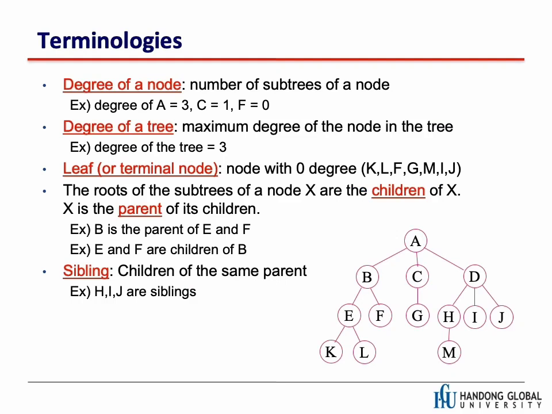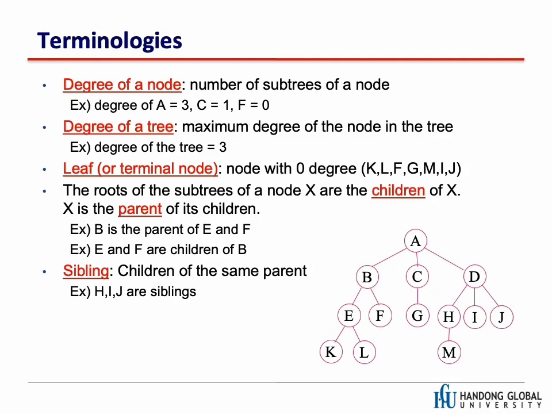As I said, the definitions of the terminologies are really important to avoid unnecessary confusion in the algorithms. We have lots of terminologies in this slide and the next slide. The first one is the degree of a node, which is the number of subtrees of a node. We have an example tree at the bottom of this slide, and the degree of A is 3 because we have B, C, D, so 3 subtrees.